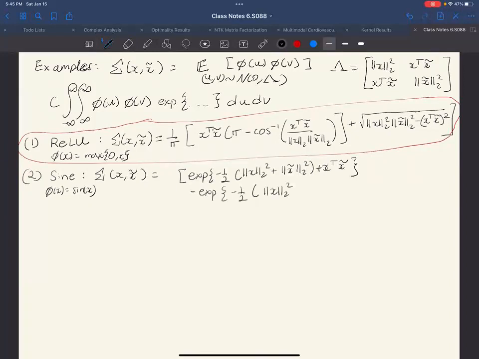So again, still the norm x squared, x tilde squared, minus. And all of these are written out in the notes in the empirical section. I should say that many, many more are known. You can, of course, do it for leaky ReLU.